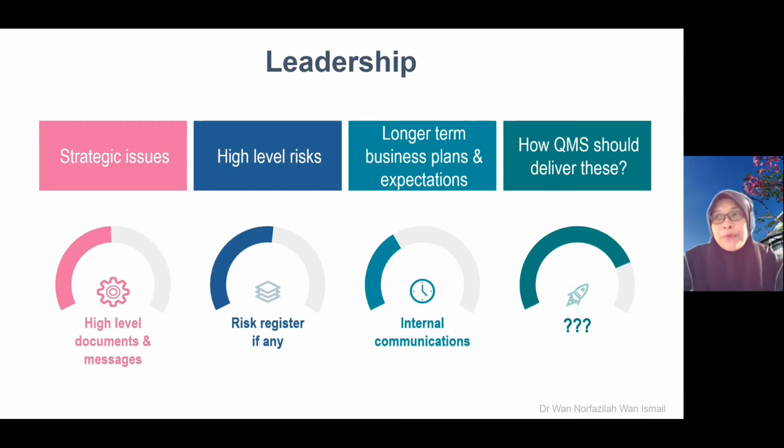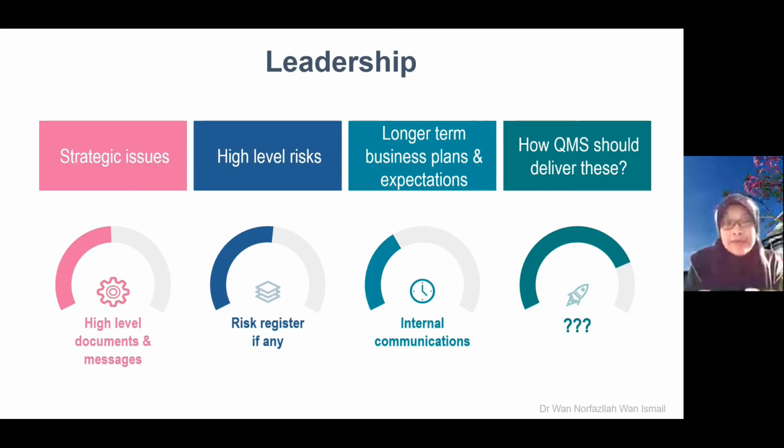Kalau dulu ISO requirements, dia tak tekankan kepada leader tau. Dia lebih kepada implementation. Orang bawah yang implement. So leader ni duduk saja, bukanlah duduk saja, tapi tak banyak pun tanggungjawab diberikan kepada leader.